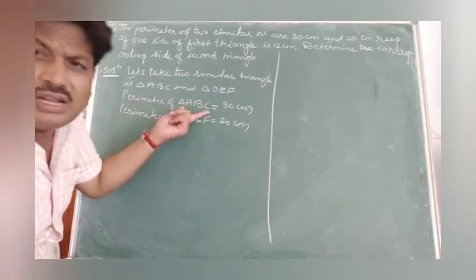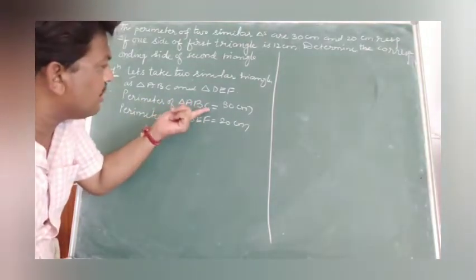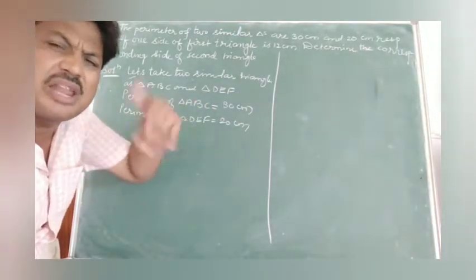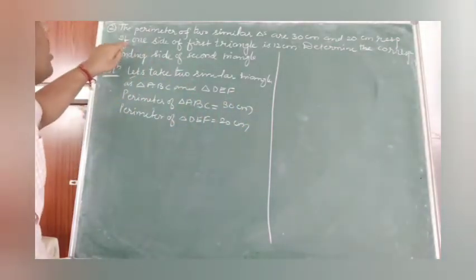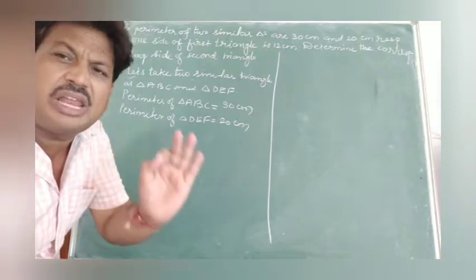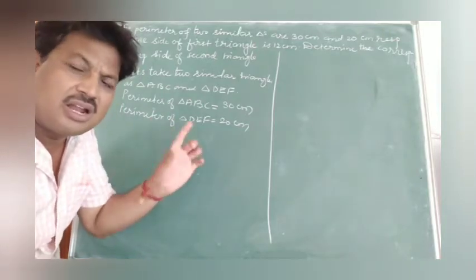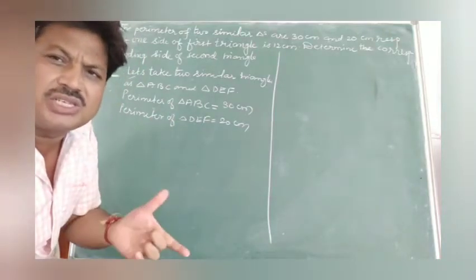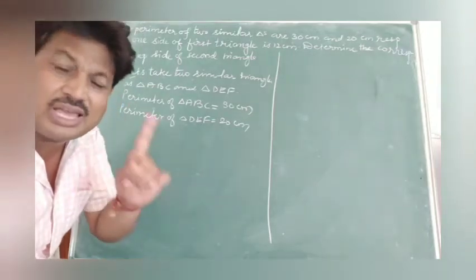It has three sides, AB, BC, CA. Let us take any one as the first. What is given here? It is just mentioned that any one side of the first triangle, not AB, not BC, not CA. You can take any one.